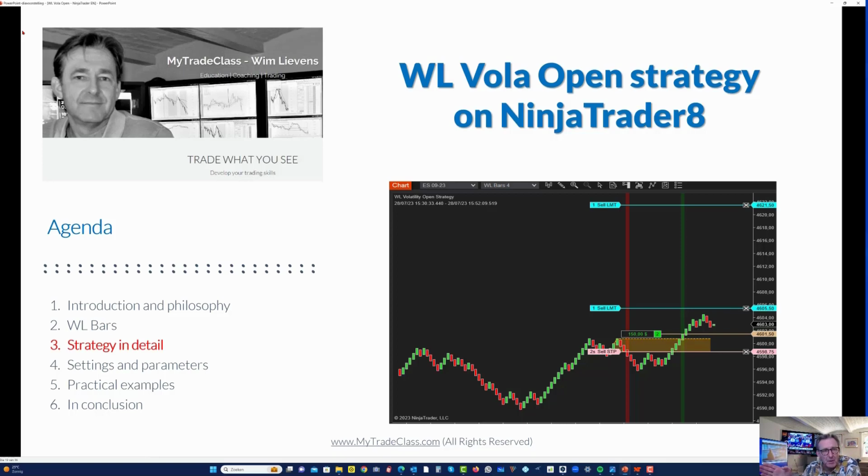Now, the red bar signals a short, the green signals a buy, a long position. Then you see the stop, which always will set itself at the opposite side of the open range. And then you have 2 targets which you can set, manage how you like. Those are the ingredients. Very, very simple, very basic.